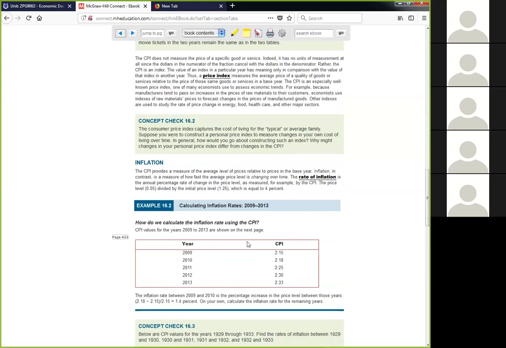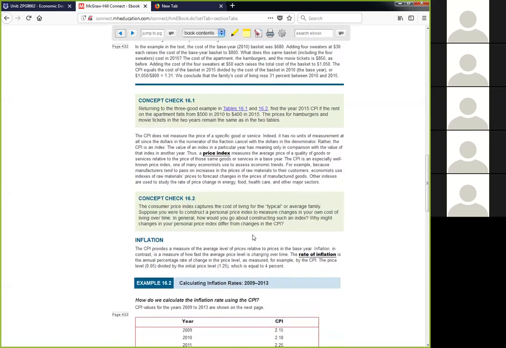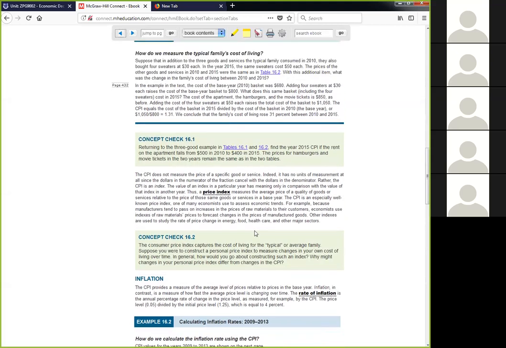Then, of course, you can use the same indexes to compare people's income, a family's income. If you have your income in 2010, and that's on page 432, if you have an income of 40,000 in 2010, and in 2015 your income has increased to 44,000, and you have the CPI, then you can work out what happened with your income.